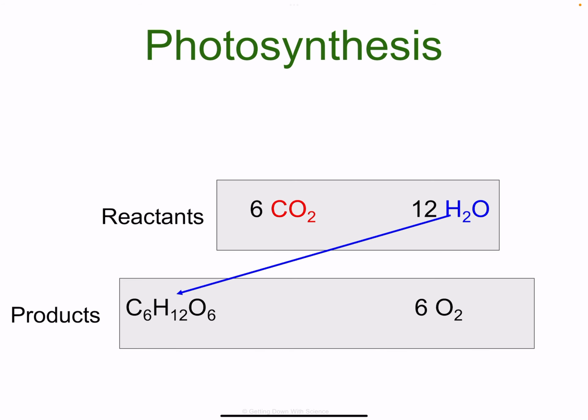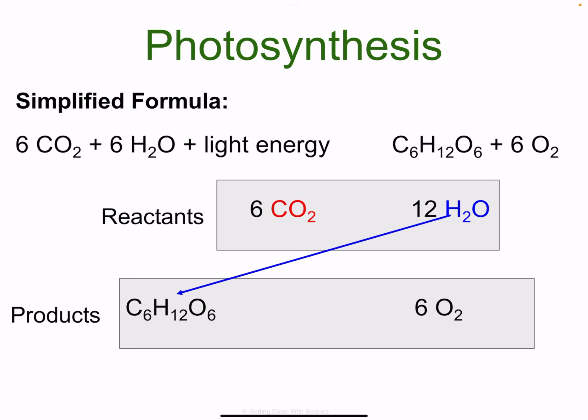All right, so photosynthesis. Let's just take a look at our formula. Our formula for photosynthesis is going to be 6 CO2 plus 6 H2O plus light energy is going to give us C6H12O6 plus 6 O2.